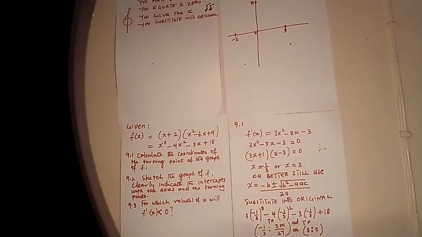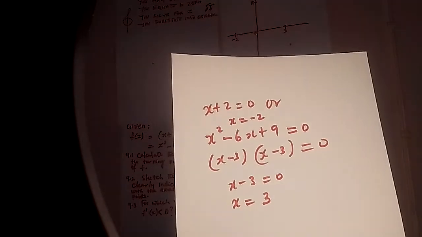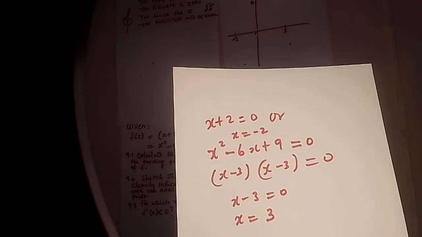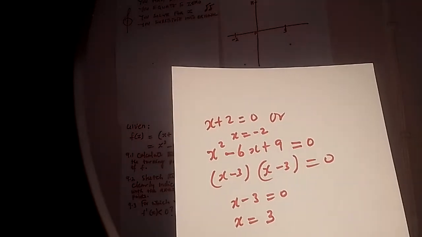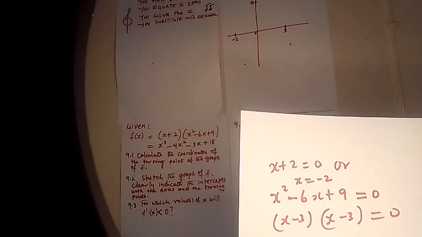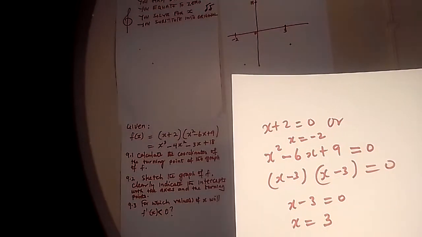So now when you calculate your x-intercept, we get this. You understand that? When you calculate your x-intercept, you use the function that was given: x into bracket x plus 2 and another bracket x squared minus 6x plus 9.